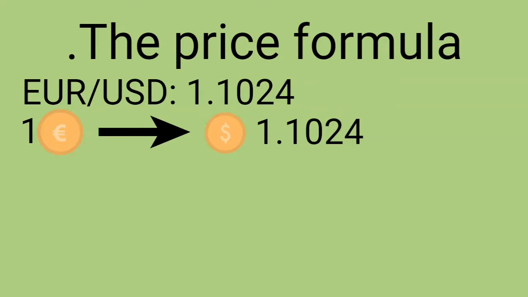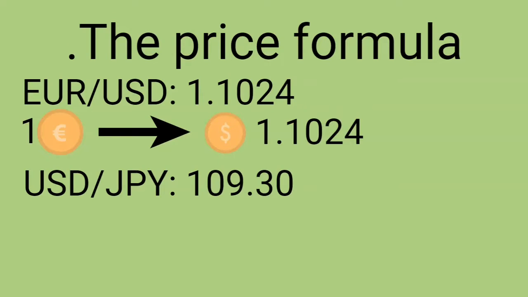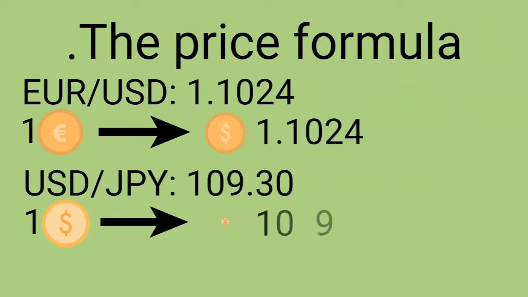The second example is any quote that includes the Japanese yen, and it's going to look like this. This means that for every dollar, we can get 109.3 Japanese yen.